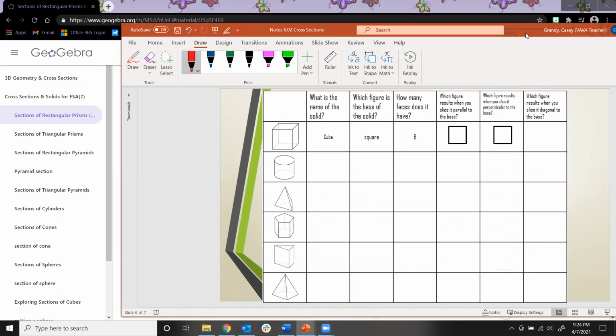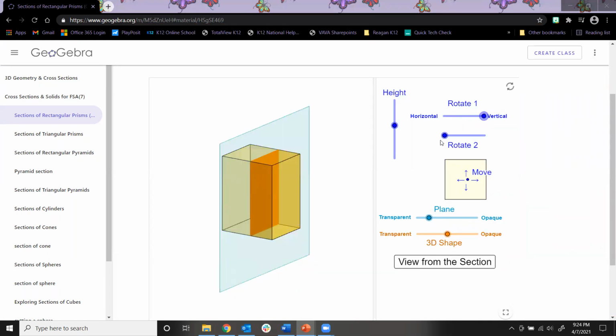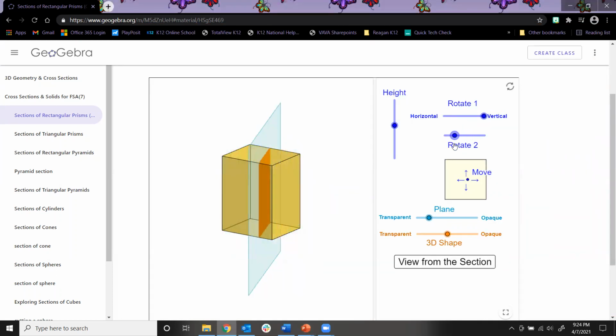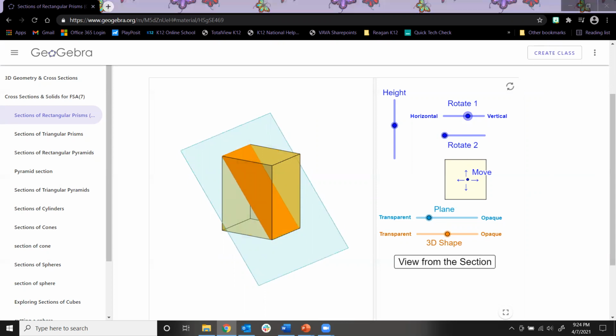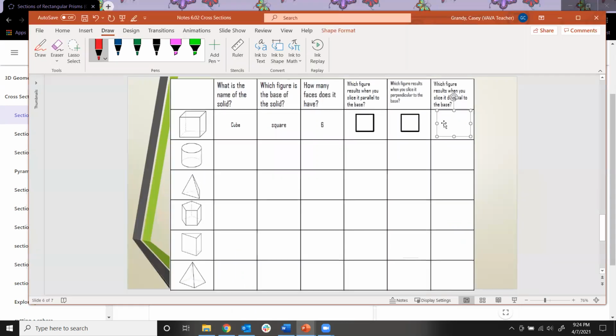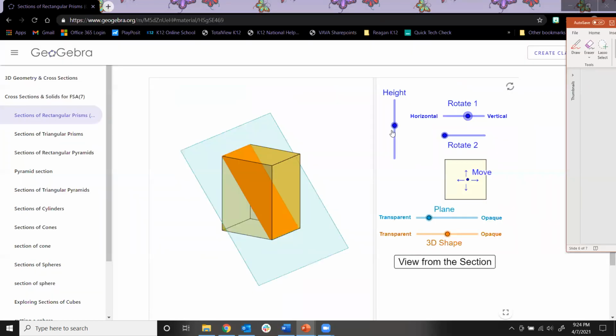How about diagonally? So diagonally, we're going to move it. There we go, diagonally. Okay, we have a rectangle. There it is, the diagonal cut. In my cube, that would look like, let's see here.